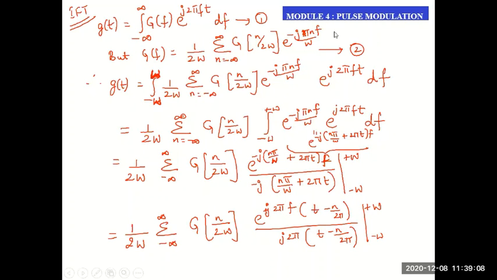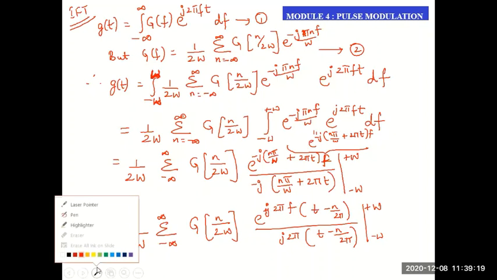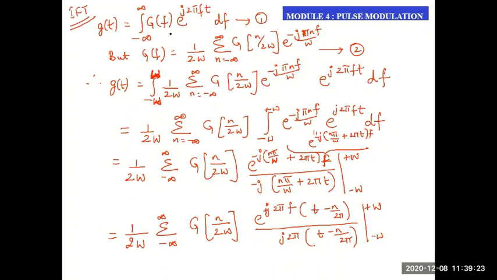According to what was written, g of f was written as 1 by 2w. I'll use a different color. This was g of f, and the inverse Fourier transform g of t is defined as g of f into e power j 2 pi ft df. We know this.